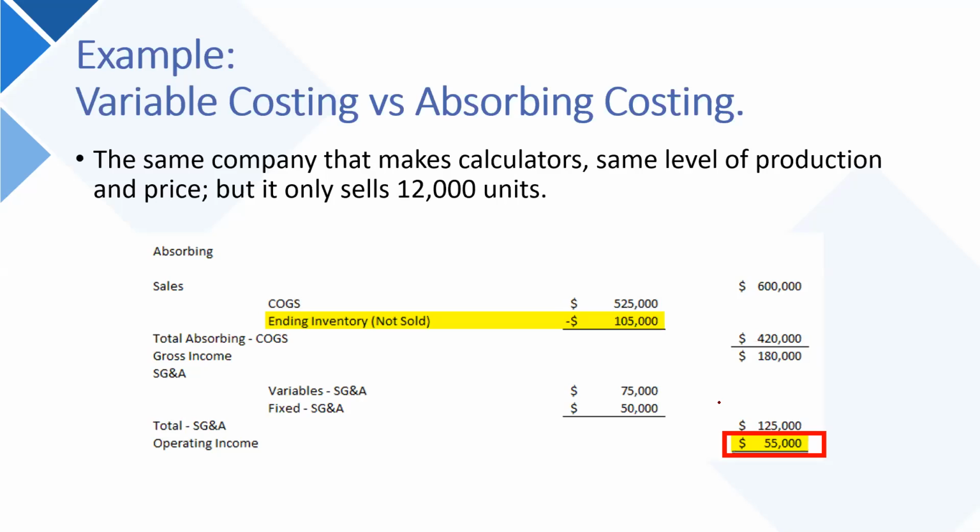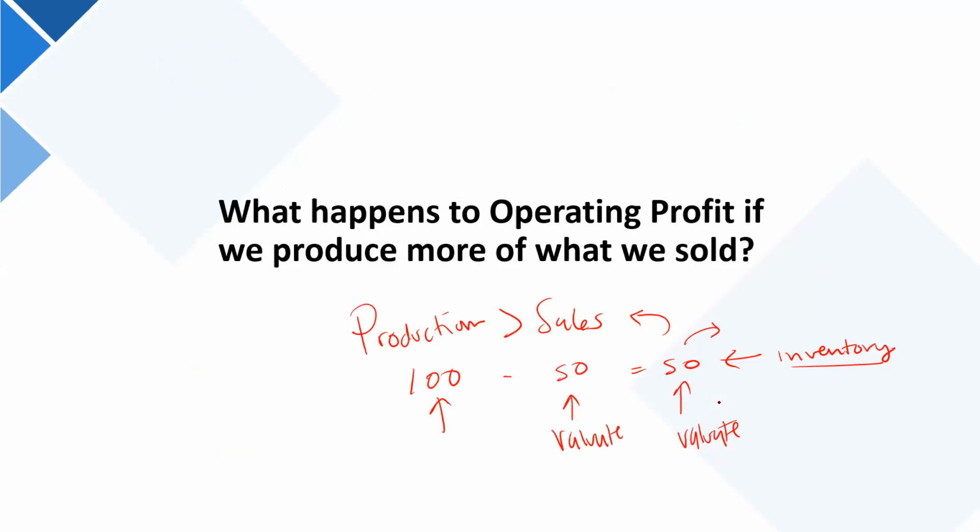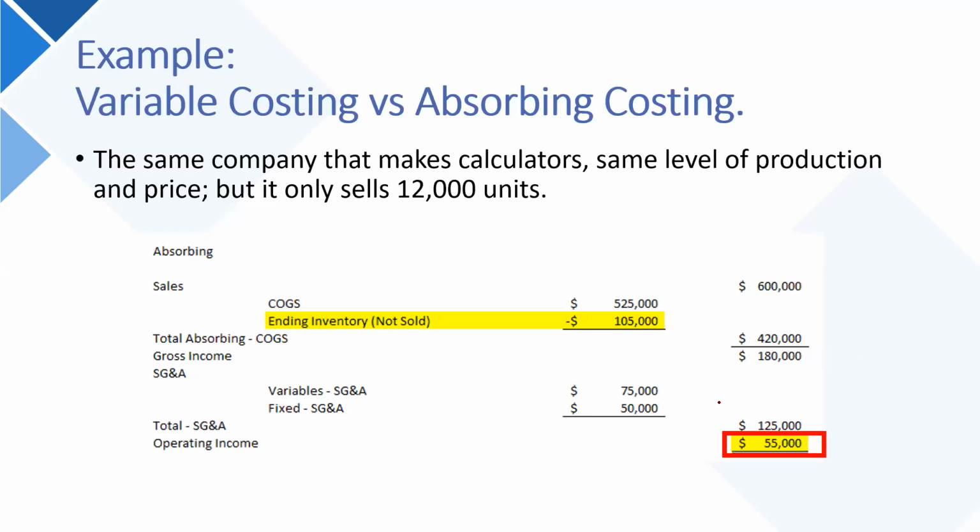The same company that makes calculators, that's the example we are working on. Same level of production and price, but it only sells 12,000 units. So we are selling less of what we are producing. That means our production is bigger. If I'm only selling 12,000 units, how much inventory do I have? Well, I produce 15,000, because it's the same level of production as the last one.